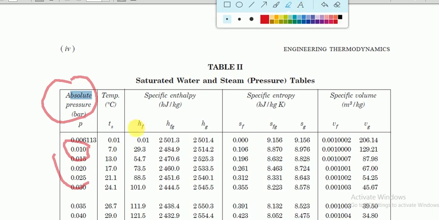What we can see here is 29.3 kilojoule per kg, that is hf, because our point number 1 lies on the saturated liquid line. So we note down hf equal to h1, that is 29.3.